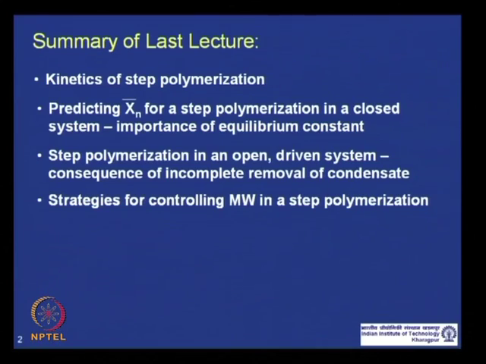Then we went on and studied how the degree of polymerization would vary with the equilibrium constant in a closed system, and we found the importance of the equilibrium constant in that case.